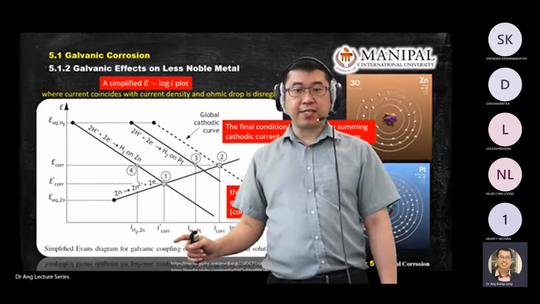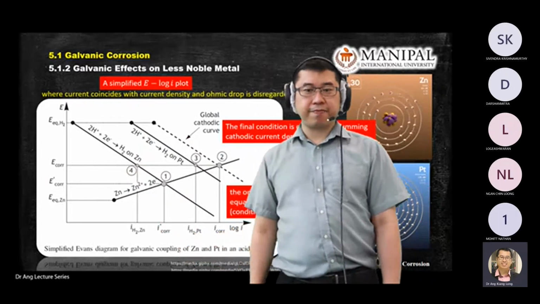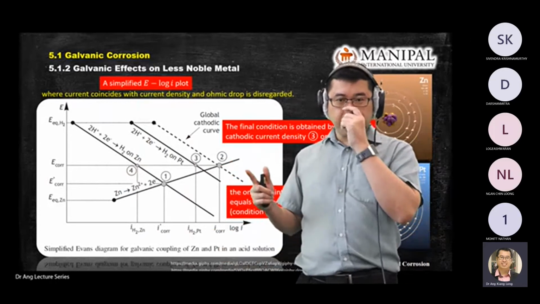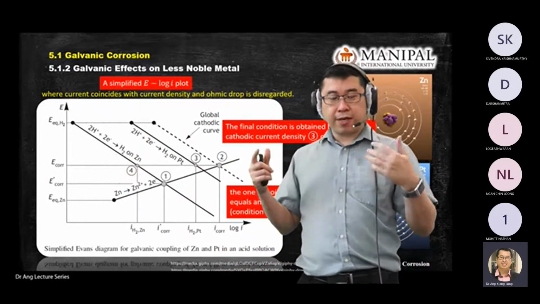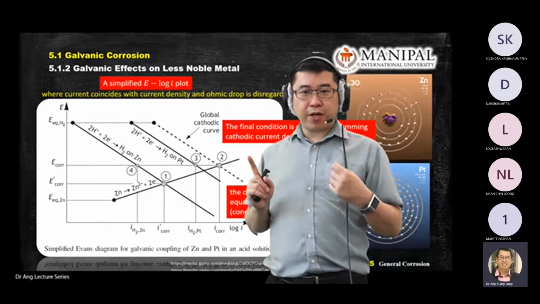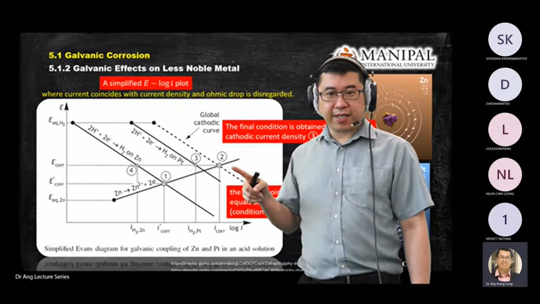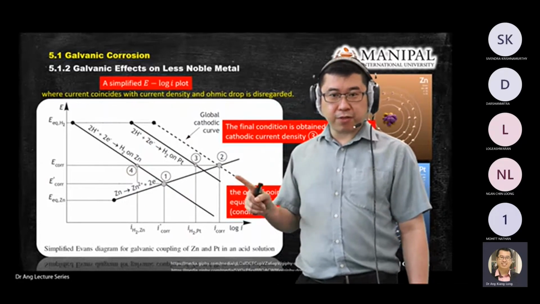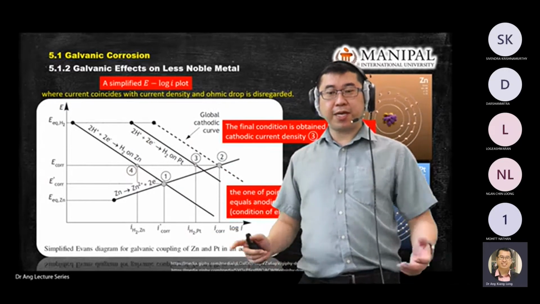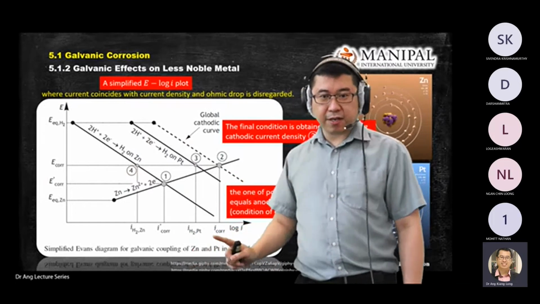In the test, I will just label it as A. Then label point B, or point number 2, as the corrosion rate after coupling on your graph. You project down and label this as point B. Point B is the corrosion rate after coupling. So you label A here, B here.